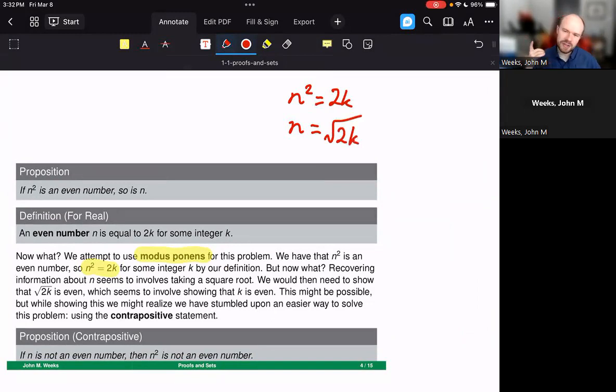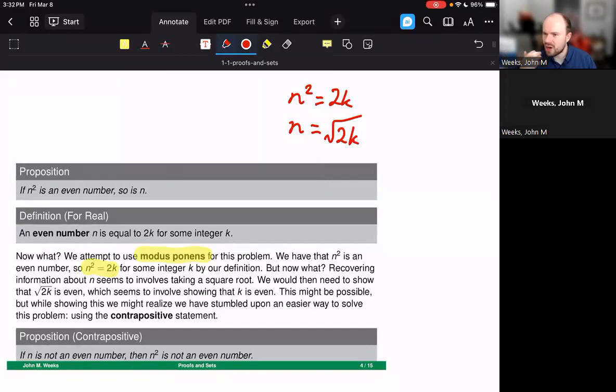Now, I'm running into an issue immediately, which is that I don't even know that 2k works neatly. I know 2k is a square number, because 2k is equal to n squared. So I know that the square root of 2k is a whole number, by the fact that 2k is n squared. However, that doesn't seem to tell me much about whether or not n is even or odd. The only thing that I know is that the square root of 2k is an integer.